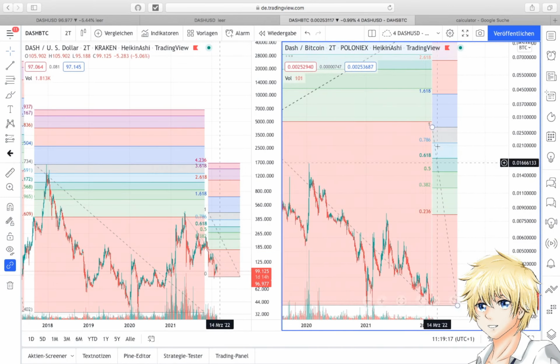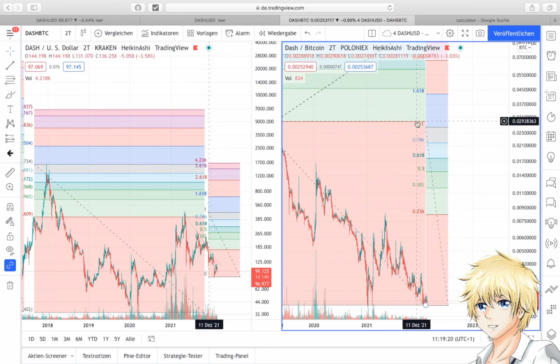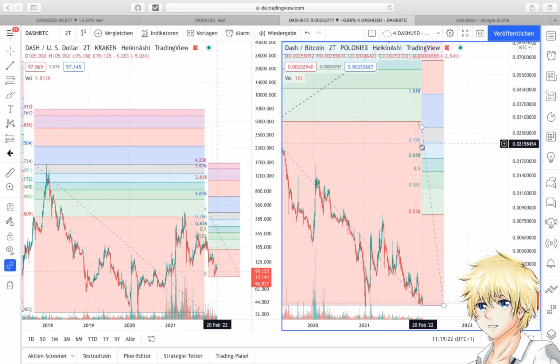So in the same rise, Dash will rise 12.5 times more than Bitcoin.